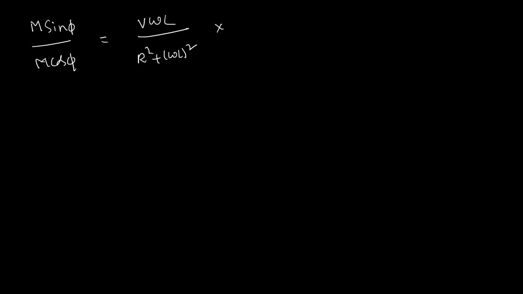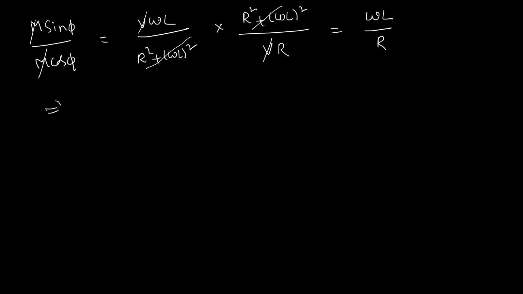This is R square plus omega L whole square divided by VR. So this part gets cancelled, and V also gets cancelled. What is leftover now is omega L by R. Now m gets cancelled here. What is sin phi by cos phi? Sin by cos is tan. So tan phi equals omega L by R.